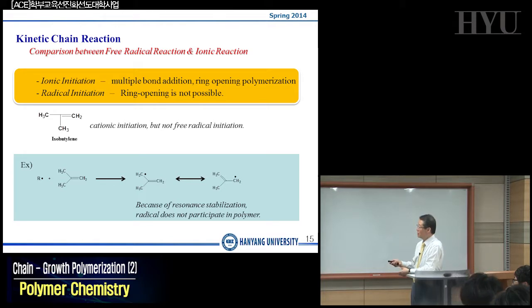Also, if I have an isobutylene type of monomer, you will not be able to proceed with radical polymerization reactions, but rather it performs ionic polymerization reactions. So free radical and ionic reactions are a little different.